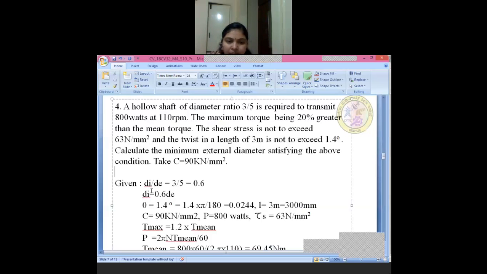So for the hollow shaft of ratio 3:5, we consider inner diameter and outer diameter, because the inner diameter is lesser than the outer diameter. So di by de, the inner to external diameter ratio, is 3/5, which turns out to be 0.6. Theta is given as 1.4 degrees, converted to radians by multiplying by pi by 180, which turns out to be 0.0244.